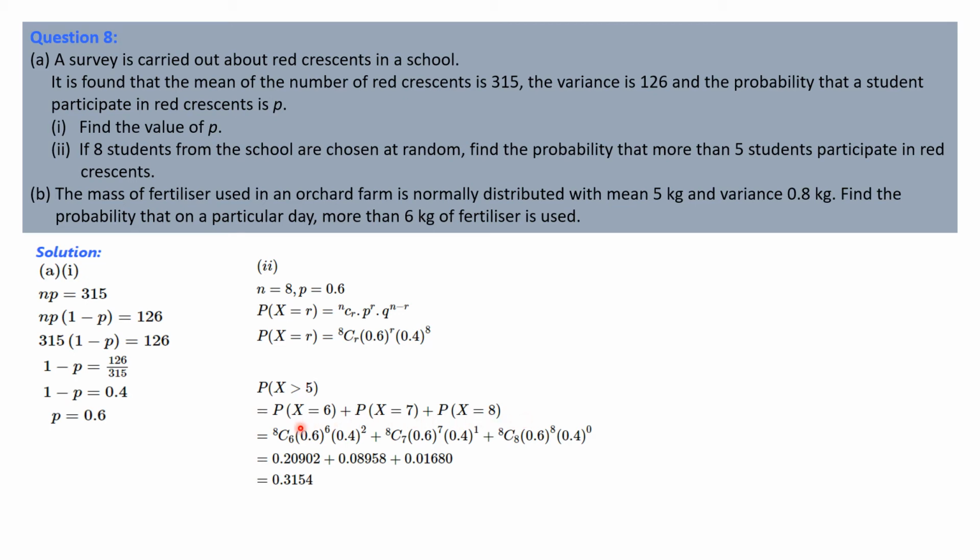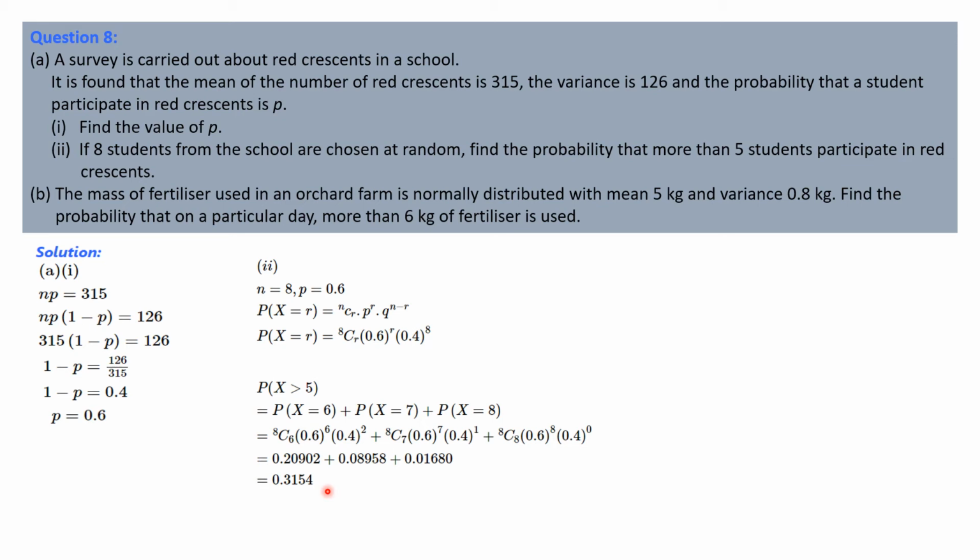By substituting the corresponding values of n and r, with p equal to 0.6 and q equal to 0.4, into the formula, you will get 0.3154 by pressing your calculator.